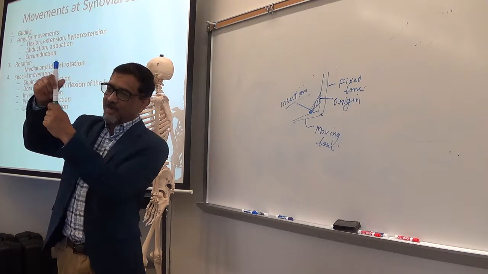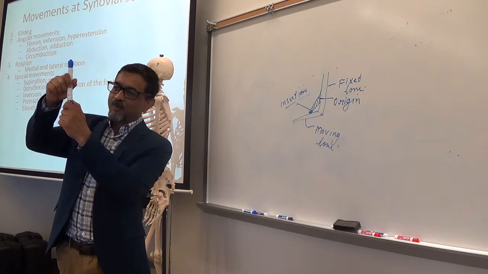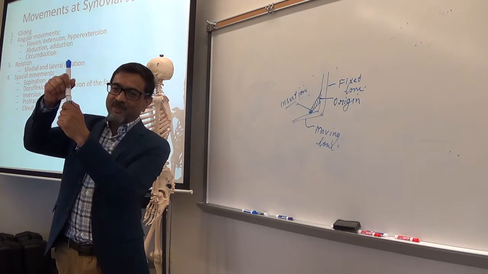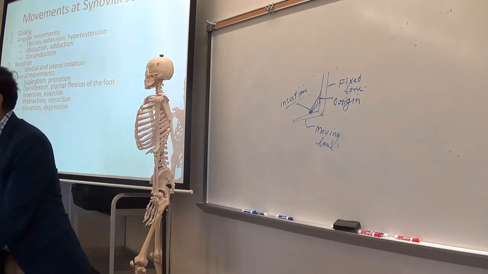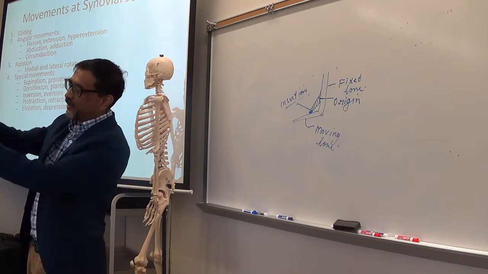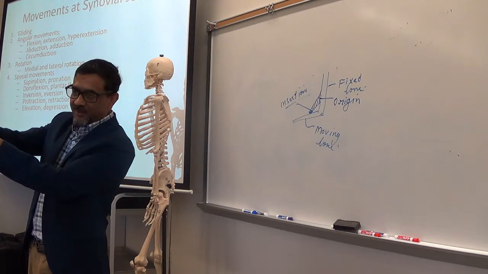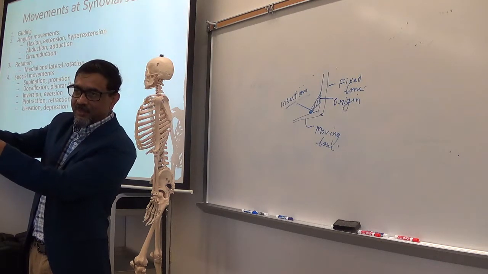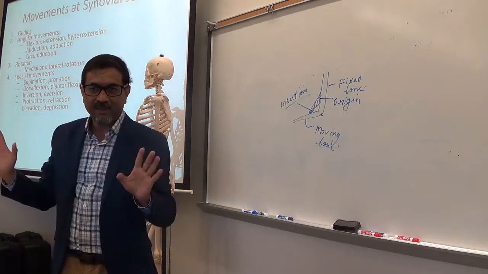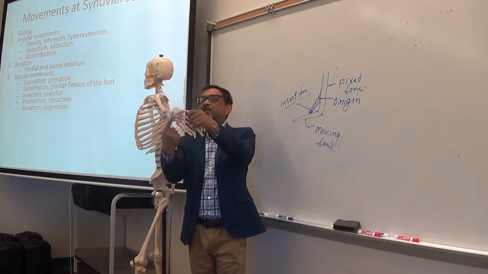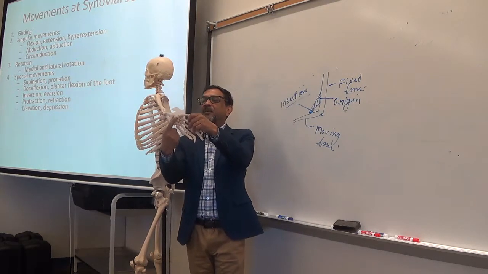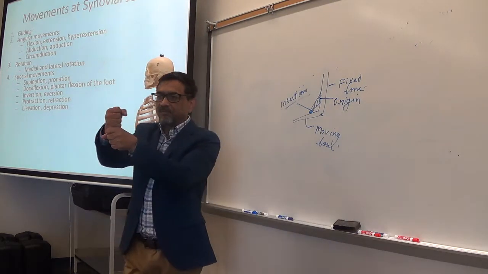So two flat surfaces, the bones move like this. So that is called gliding. Clear? That happens mostly in between the carpal bones. Here. Okay? Slight movement like this.